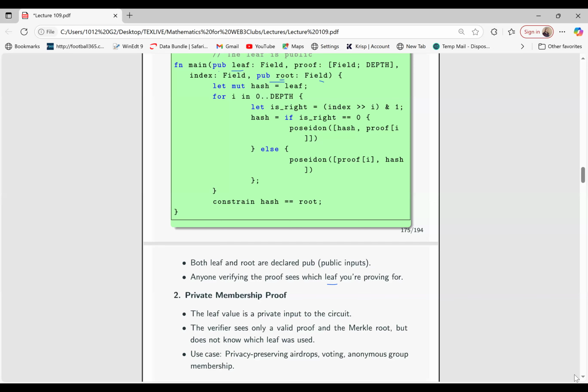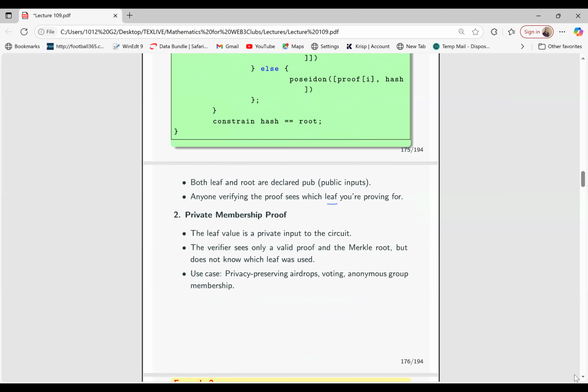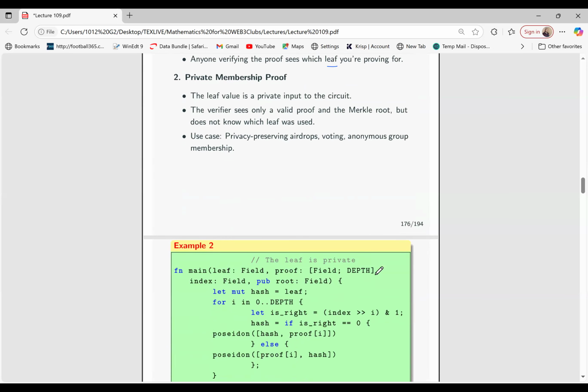Now, apart from this public proof, we can also have a private proof, and this is what we want. In this case, the leaf value is made private. So the verifier sees only a valid proof. The verifier is only able to tell that this proof is valid, and the Merkle root can also be seen by the verifier.